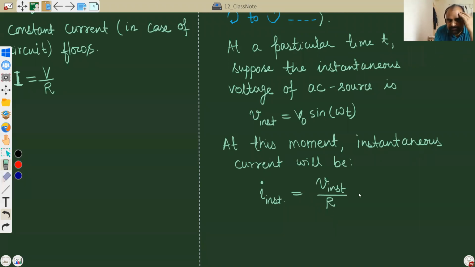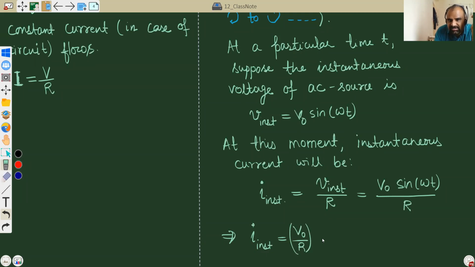So that will be V naught sine omega t by resistance. So instantaneous current will be V naught by resistance into sine omega t.